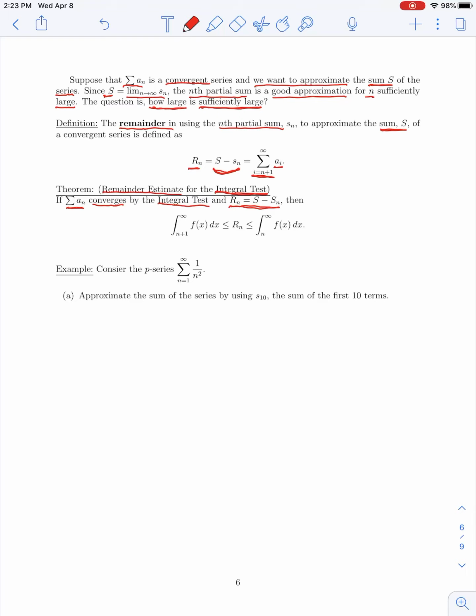So this theorem says that the remainder in our nth partial sum approximation is bounded below by the improper integral of the function f of x from n plus 1 to infinity, and it's bounded above by the improper integral of f of x from n to infinity.